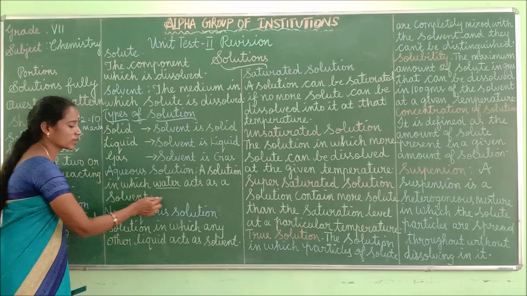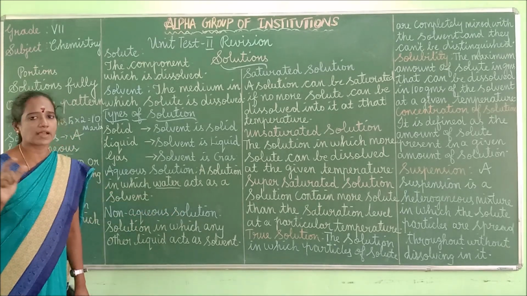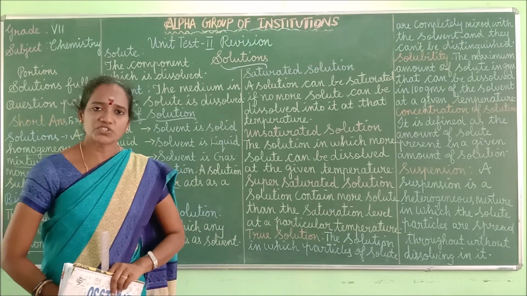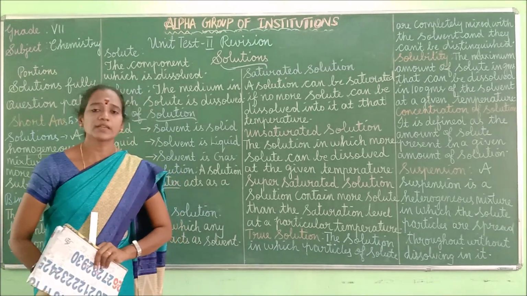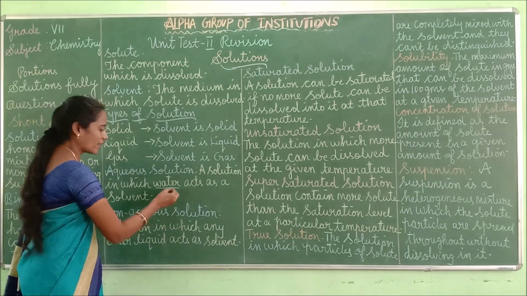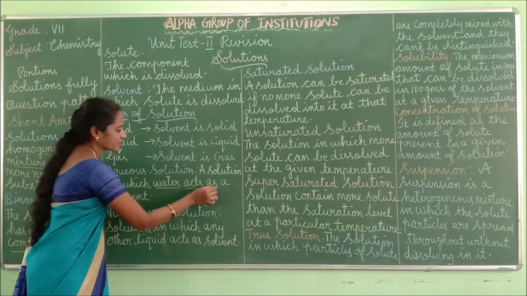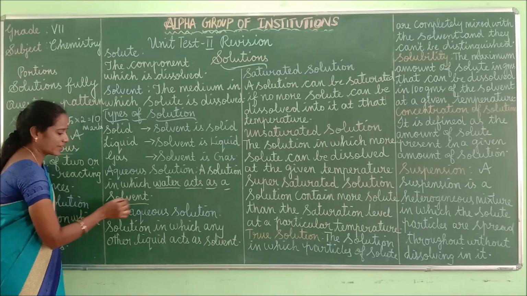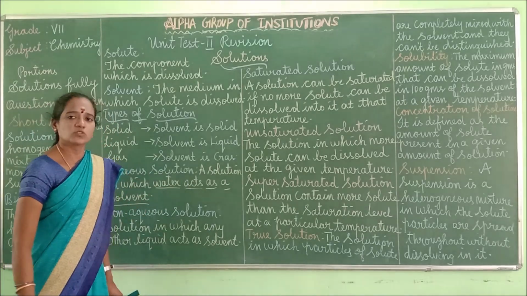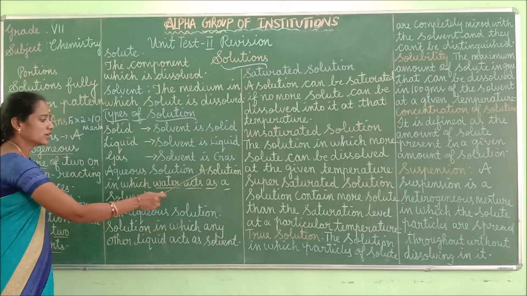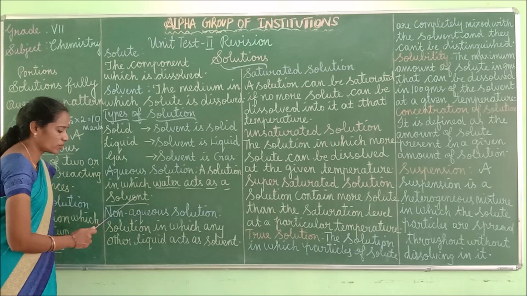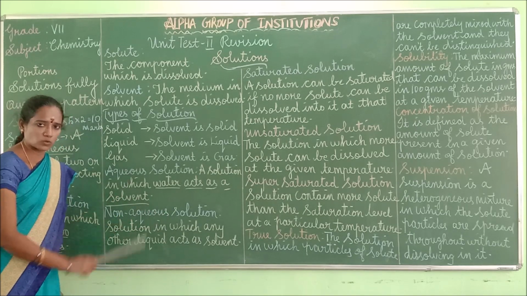Then you have to complete the answer: are called aqueous solution. You have to underline water acts as a solvent. These lines are very important in this question. So what is meant by aqueous solution? A solution in which water acts as a solvent is called aqueous solution.